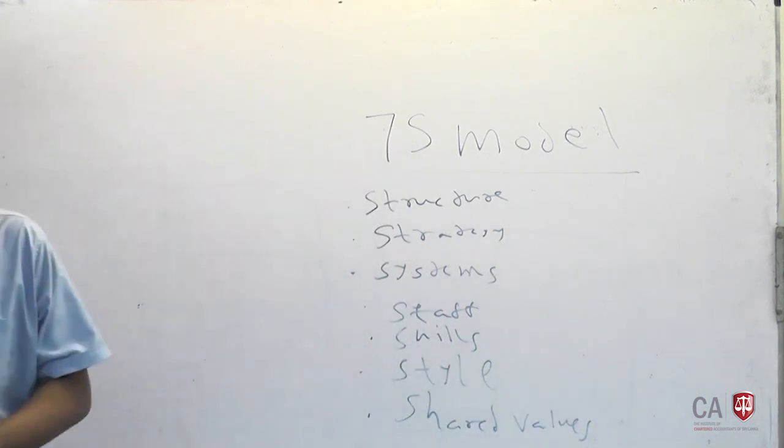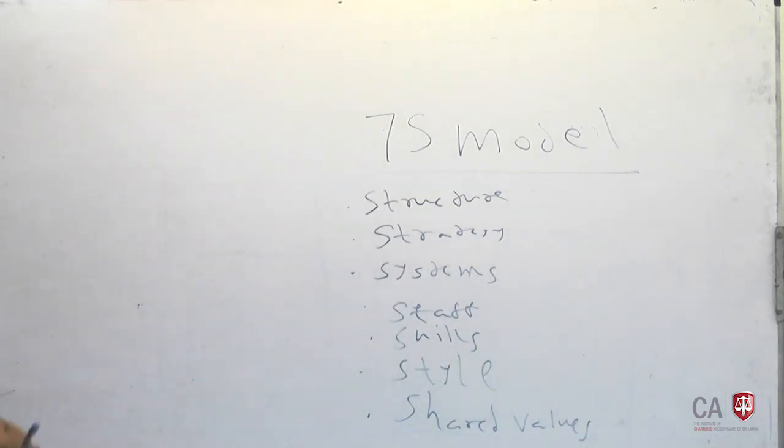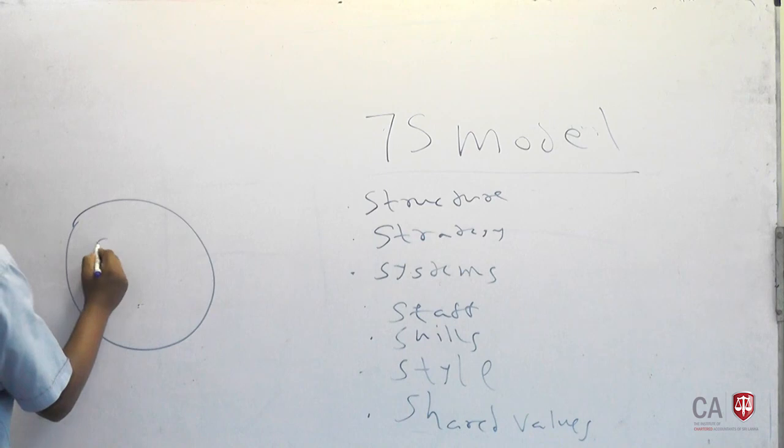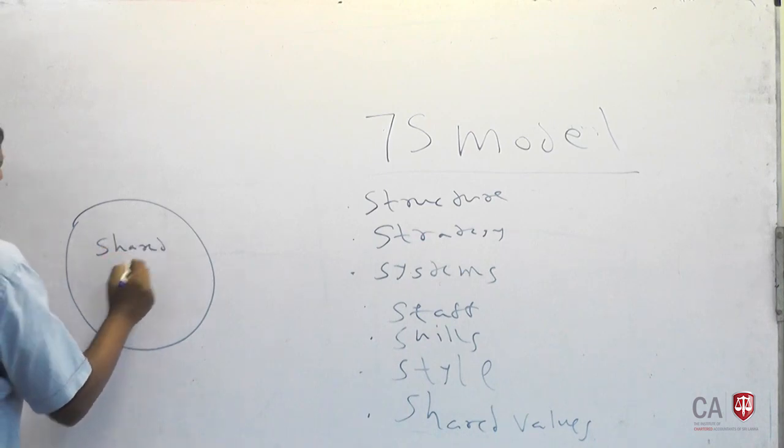So, there are 7 elements here. If you look at the model, it can be drawn in different ways. Normally, the shared values are placed in the middle.